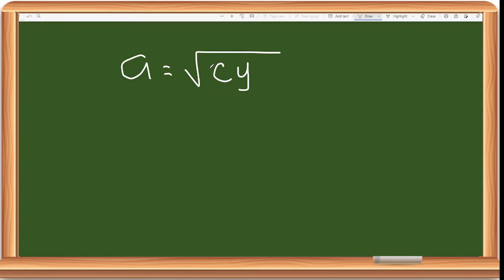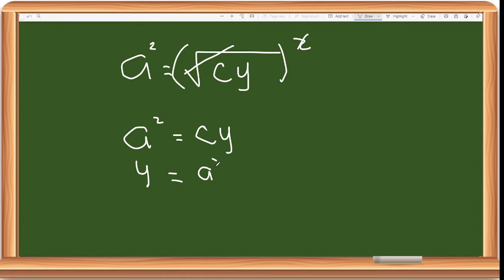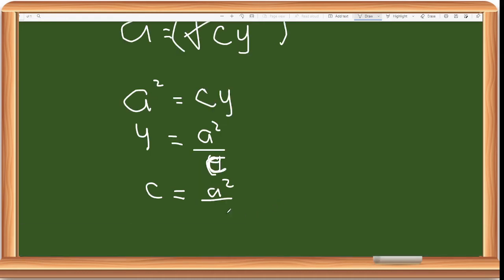Pero kung gusto mo na makagad malaman yung shortcut formula dito, yung derived formula, kung tutuusin, if you're going to square on both sides, square mo rin to, no? So, a squared, therefore, is equal to, makakancel na yung radical sign at saka yung exponent dito, cy na lang, no? Therefore, y is equal to a squared over c, and c is equal to a squared over y. Yun yung sinasabi kong derived formula.